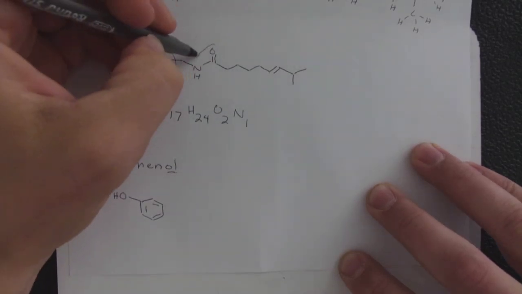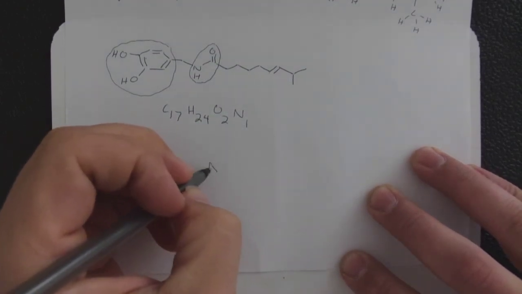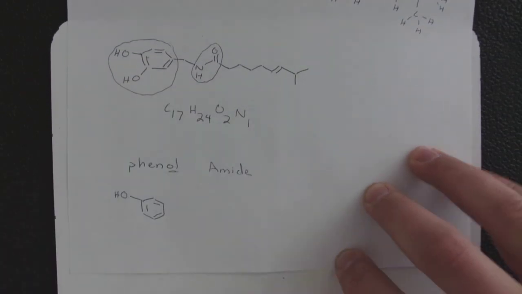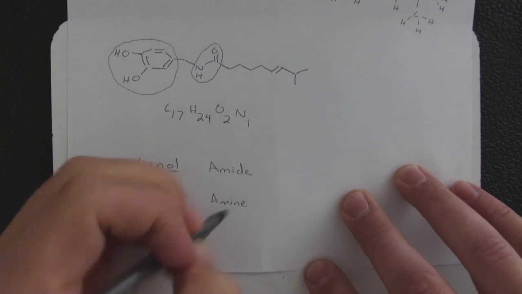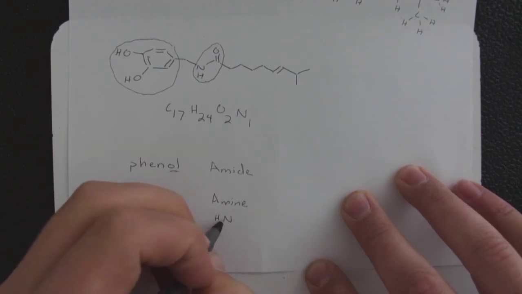Then, right here, we've got another important functional group. This is an amide. Amides are not amines. An amine has just a nitrogen with hydrogens on it.